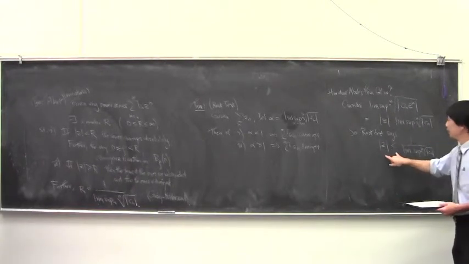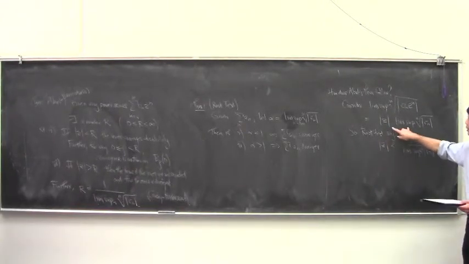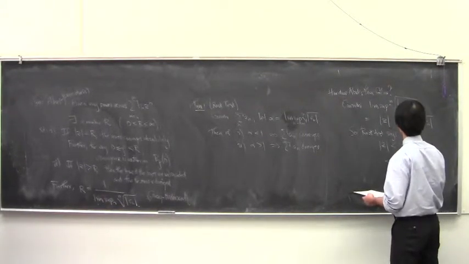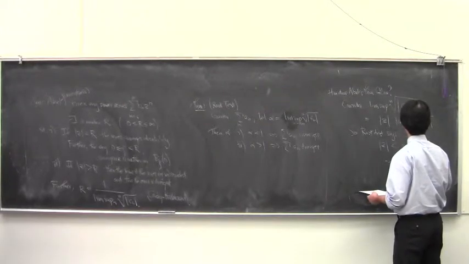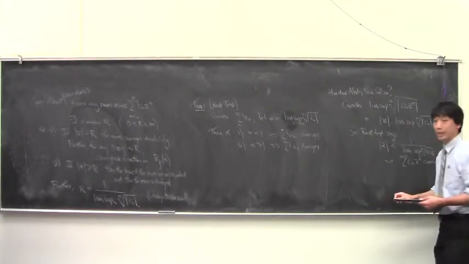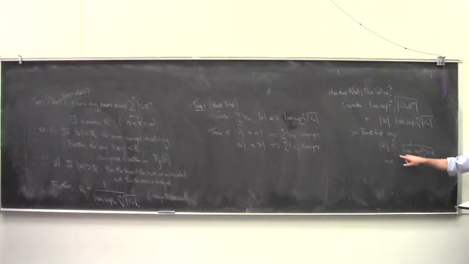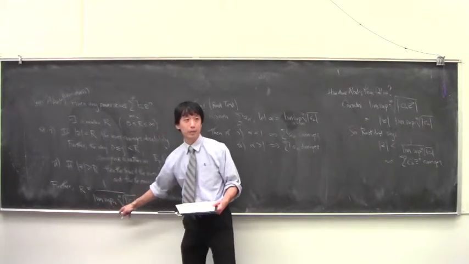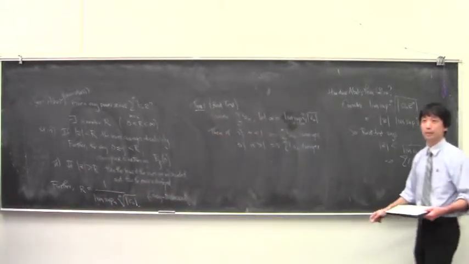In other words, inside the disk of radius 1 over lim sup you have convergence, and outside the radius you have divergence.